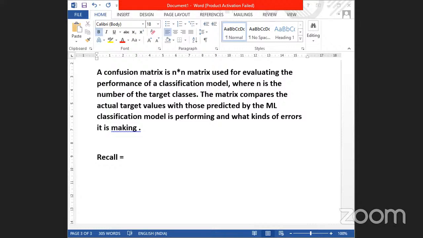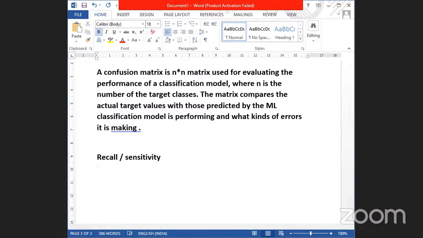These are some simple questions. True positive rate, also known as sensitivity. The formula is: out of actual positives, how many are predicted as true positive?